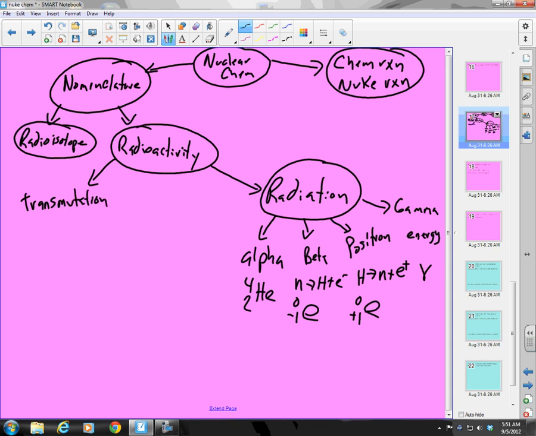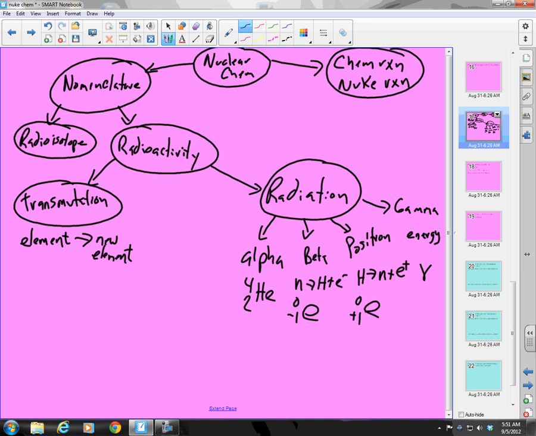And when I have a transmutation, the element is changed to a new element, so one element becomes a new element, right? That means that number of protons must change.